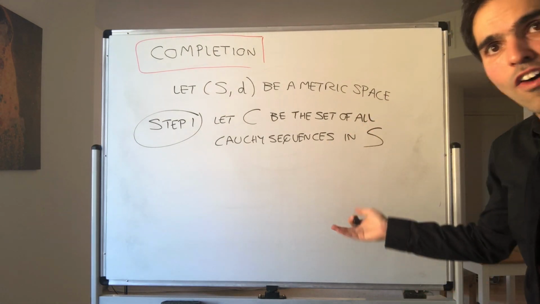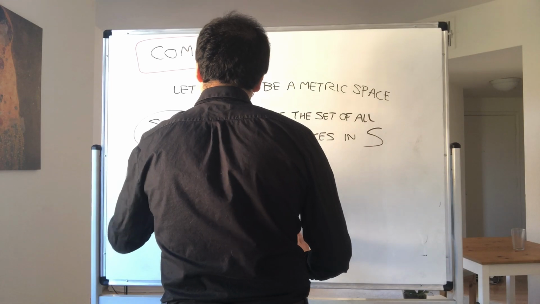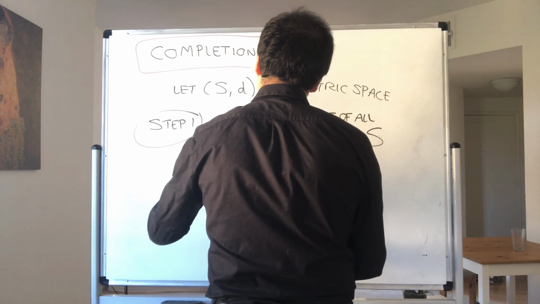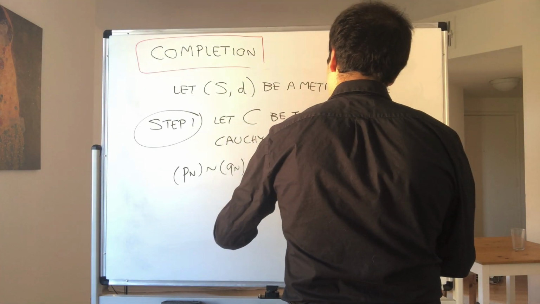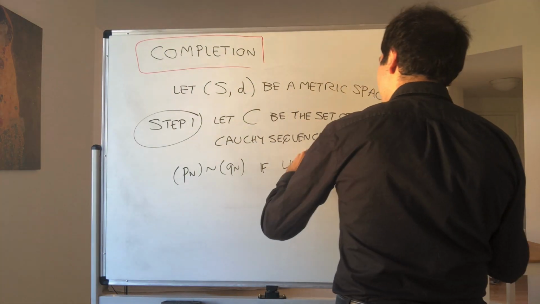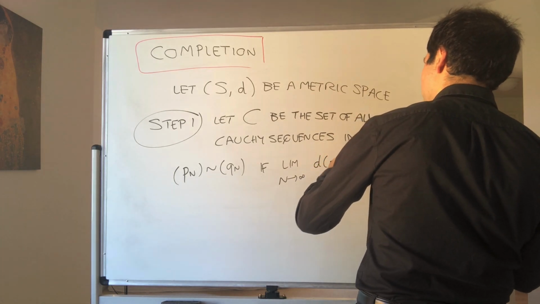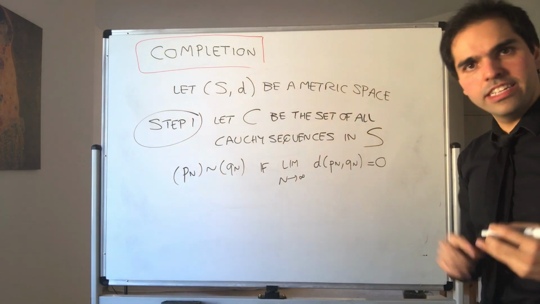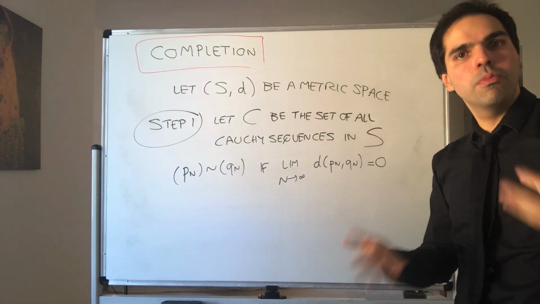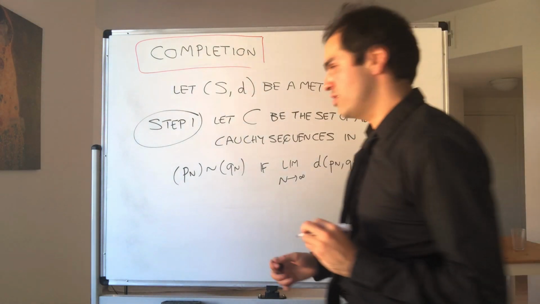And define the following equivalence relation. Just say that Pn is equivalent to Qn if the limit as n goes to infinity of the distance between Pn and Qn goes to 0. And one can show, similarly to the video of the completion of the rational numbers, that this is an equivalence relation.